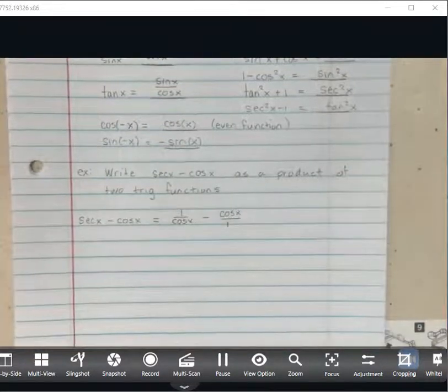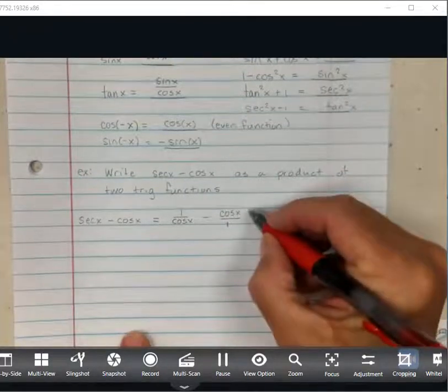When you subtract two fractions, you need to get a common denominator. The common denominator between the cosine of x and 1 is going to be the cosine of x. So that means I need to multiply this second fraction by the cosine of x over the cosine of x.